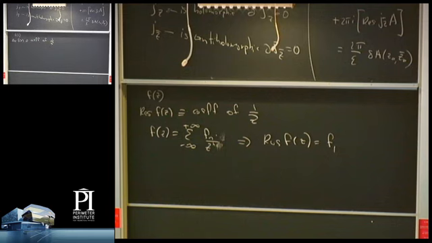So what I mean is that f of z equals some Laurent series, the sum of f_n z to the n plus 1, and so the residue of f of z is going to be equal to f_{-1}. Similarly, it's defined for an anti-holomorphic function.